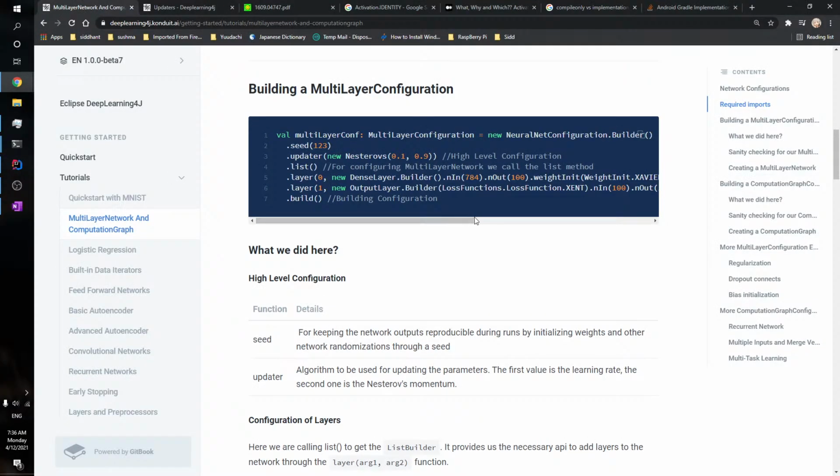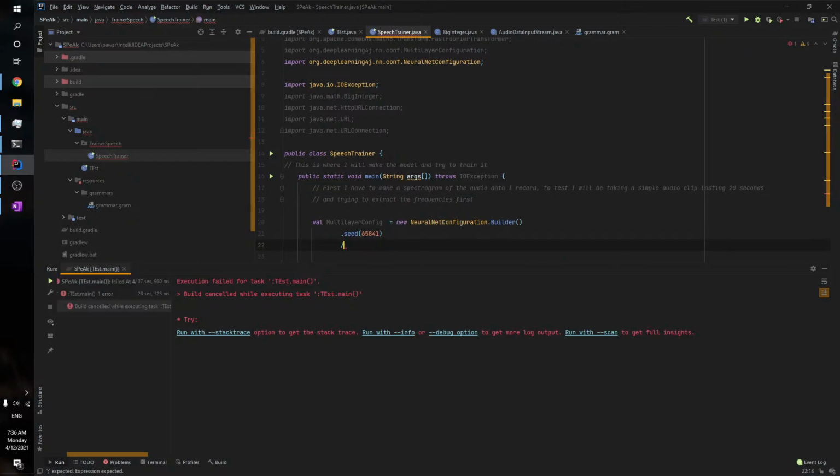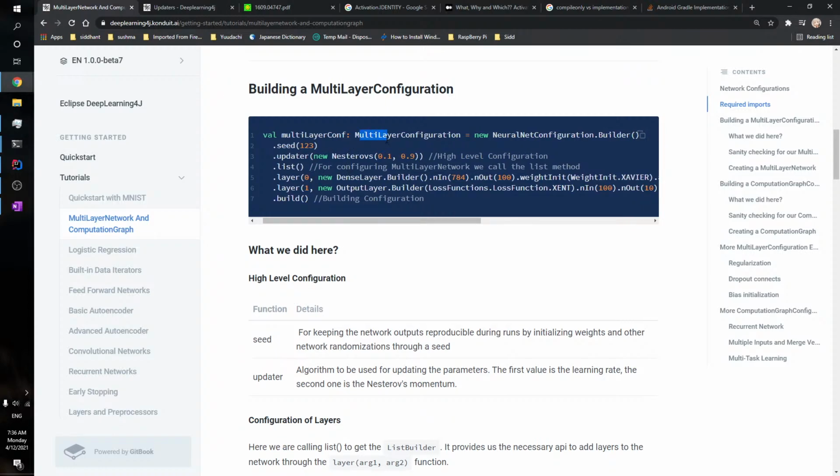Alright, and now everything comes up. Seed. Okay. I wonder how this works.